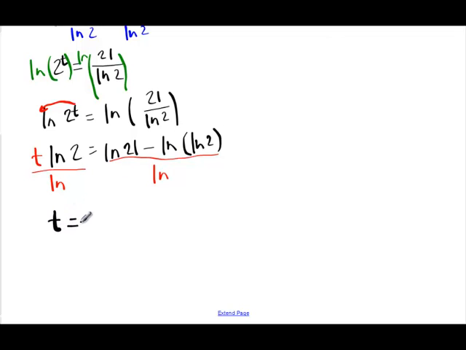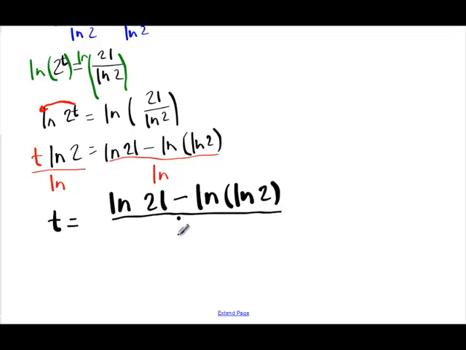So t equals the natural log of 21 minus the natural log of the natural log of 2, all over natural log of 2. Okay? And when you punch that into your calculator, you'll get that t is equal to 4.921.